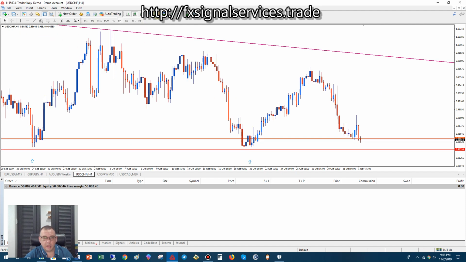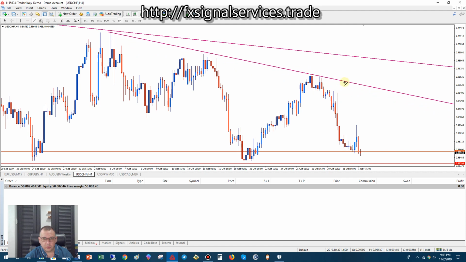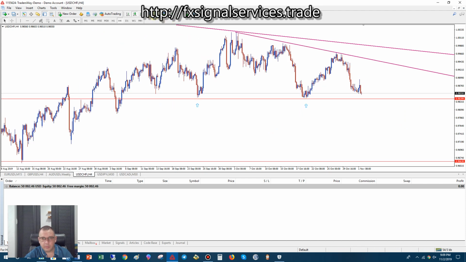And if we notice here, okay, we had this big resistance up here I drew, but there's also another smaller downtrend right here, okay? And if we zoom out a bit, we had this support here and this resistance right here, which is like another wedge pattern coming down, okay?